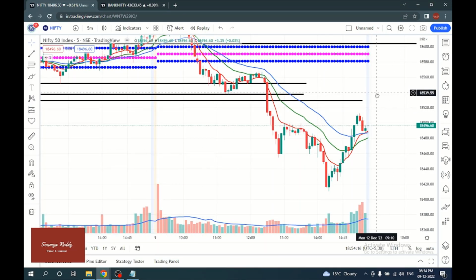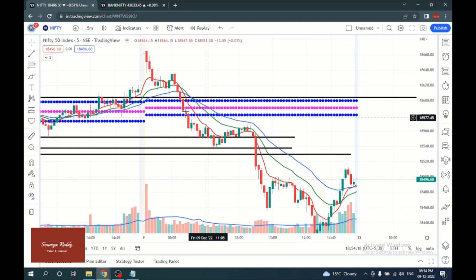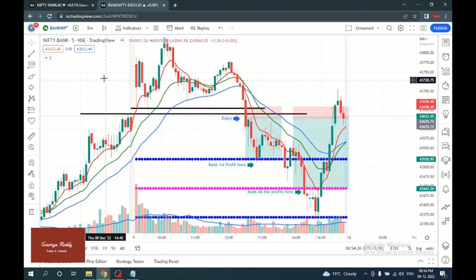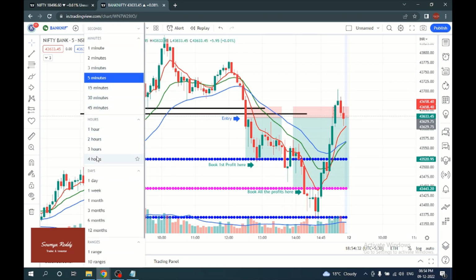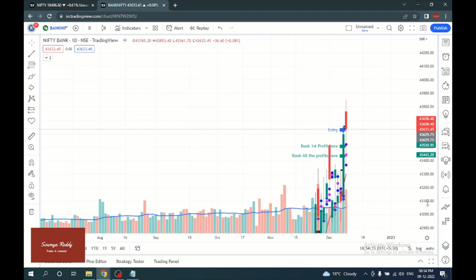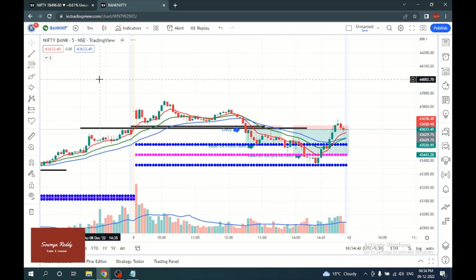Today, if we see both Nifty and Bank Nifty, what's happening? Market opened with a gap up, and overall the market is at all-time high. What could we expect when the market is at all-time high?